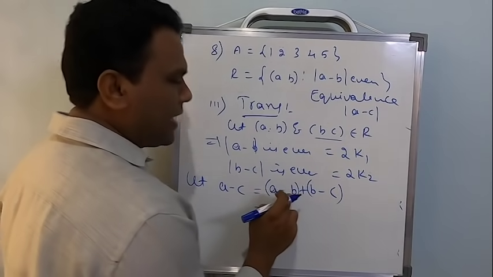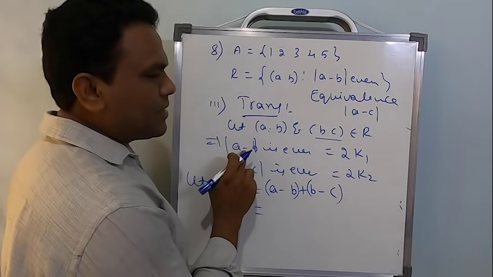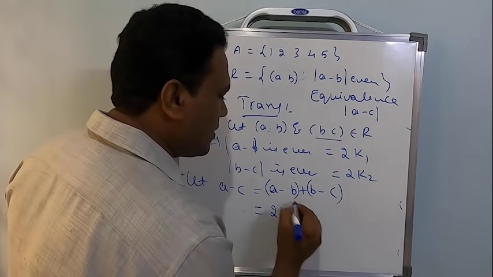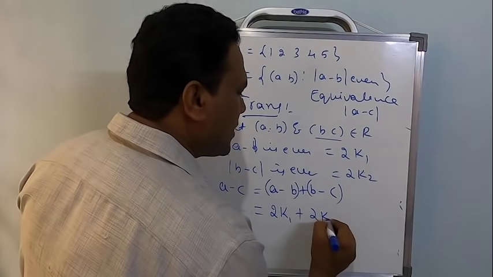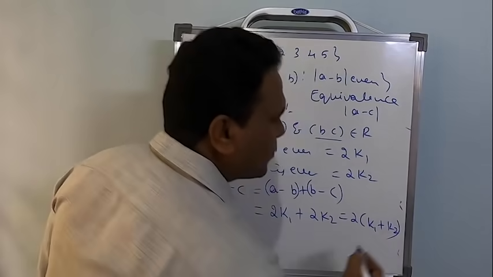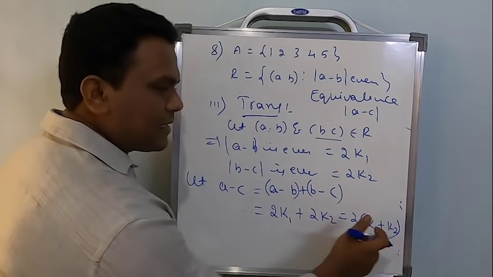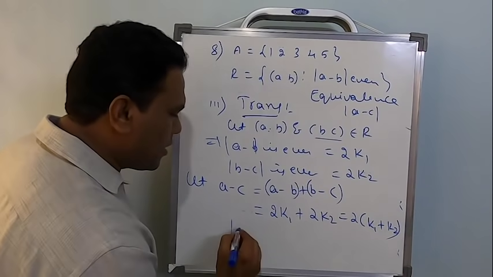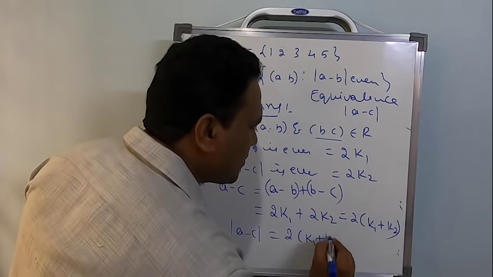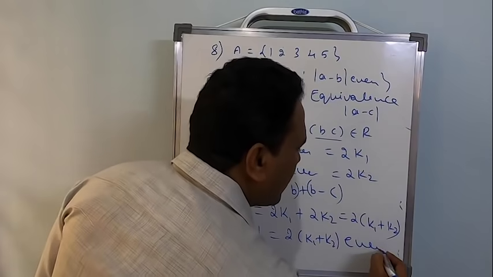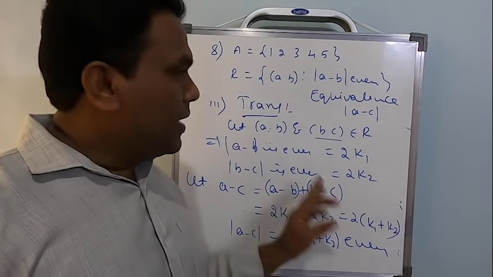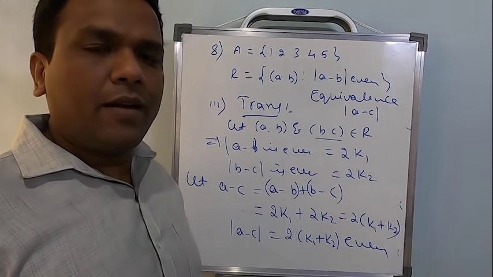If mod of A minus B is even, then A minus B is also even, so it is 2k1, and the next term is 2k2. Taking 2 outside, A minus C is 2(k1 plus k2). If I apply mod on both sides, mod of A minus C is still 2 times (k1 plus k2), which is even. So mod of A minus C is also even, hence the given relation is transitive.